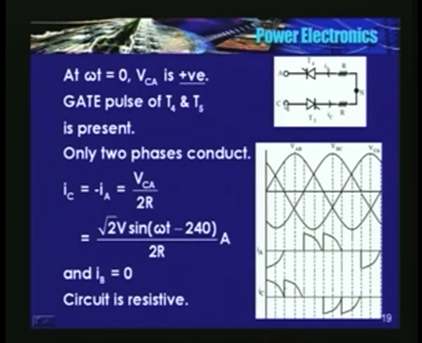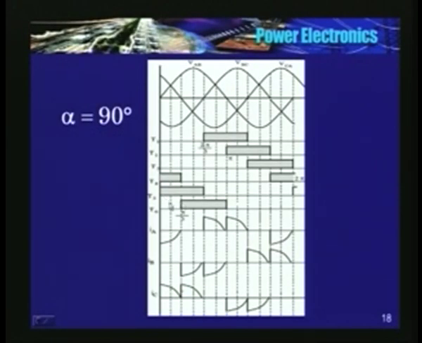Nothing happens in B phase because T6, which is connected there, gets its trigger pulse after some time.